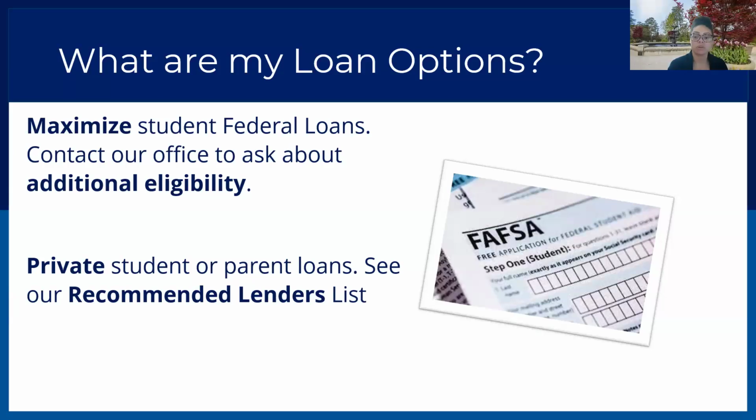When you are considering accepting loans, it may specify a type of loan, but if it doesn't and your aid offer says to contact us if you're interested, it's because we need to specify for you what your loan eligibility looks like. When I say that, I'm distinguishing between two types of loans.